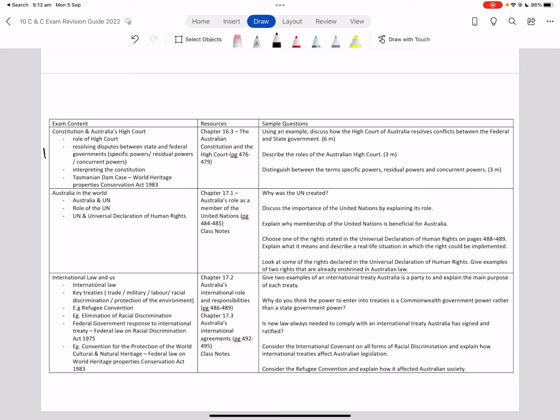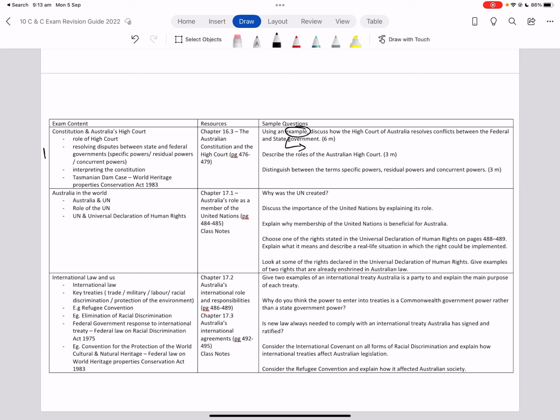So within this part of the syllabus, we're looking at what the High Court's role is in interpreting the Constitution, what the purpose of the Constitution is, resolving disputes between state and federal governments, and also times in which the Constitution has had to be interpreted. Example here, Tasmanian dams, which was looked at briefly as a time in which a dispute between state and federal government has been required. And a really useful practice question for you here would be this question, using an example, and that's a pretty good hint.